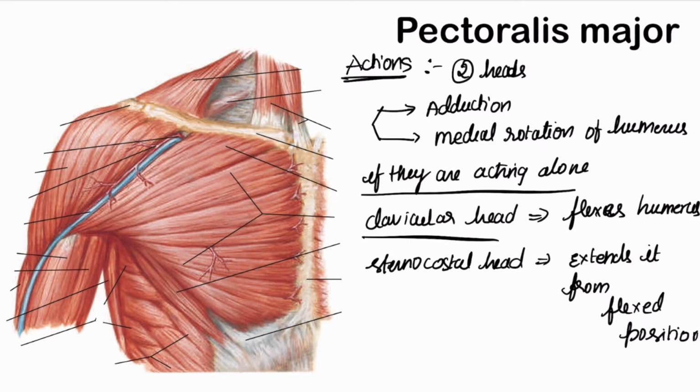Now let us look at them again. If both the heads contract simultaneously, it performs adduction and medial rotation of the humerus. And if they act alone, the clavicular head performs flexion of the humerus and the sternocostal head performs extension from the flexed position.